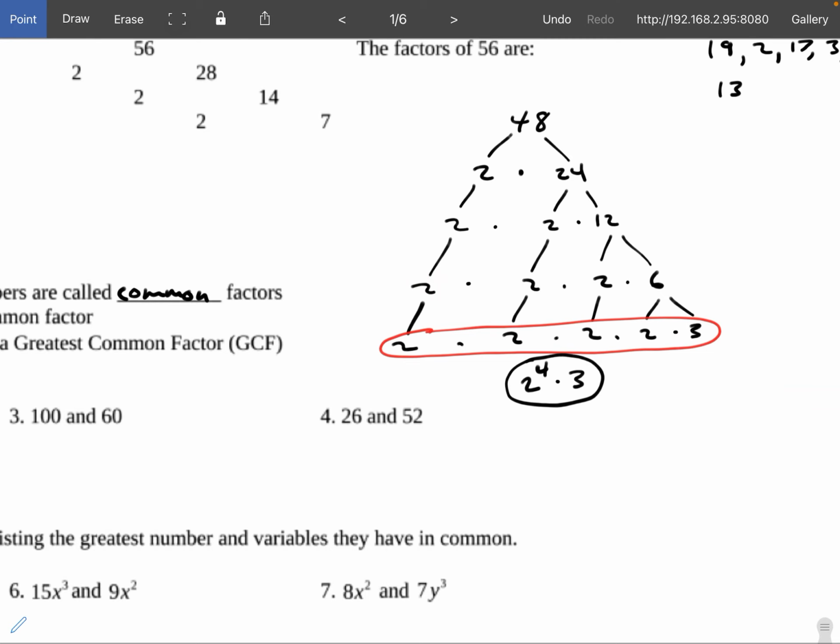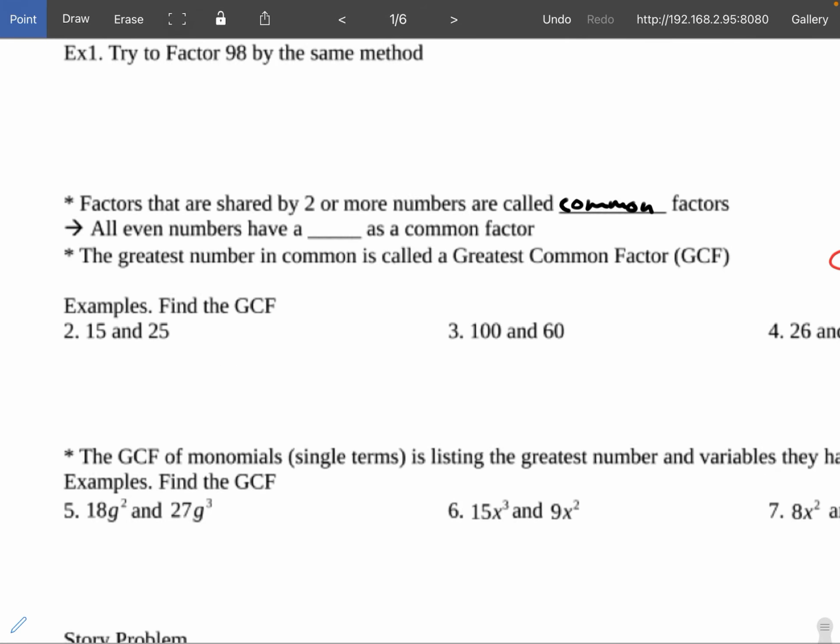And our 48 also had a factor of 2. So 2 would be a common factor for 48 and 56, because 2 divides evenly into both of those numbers. So really, a factor is a number that divides evenly into that number.